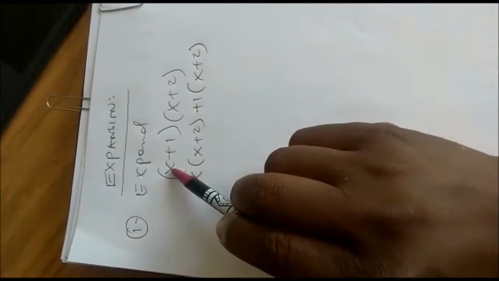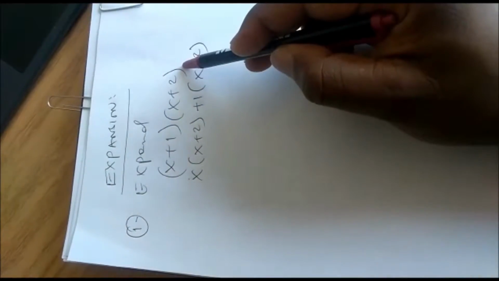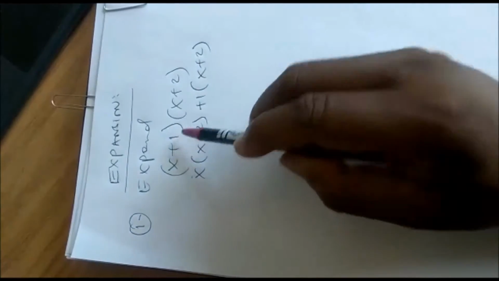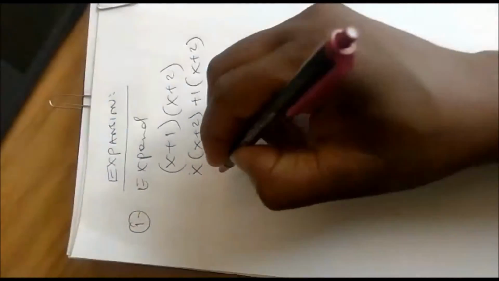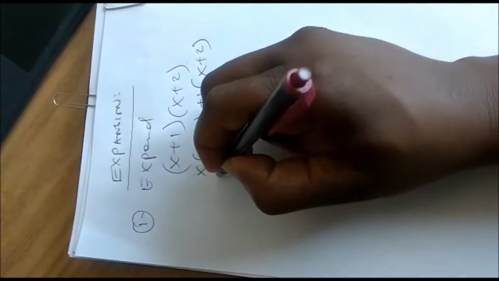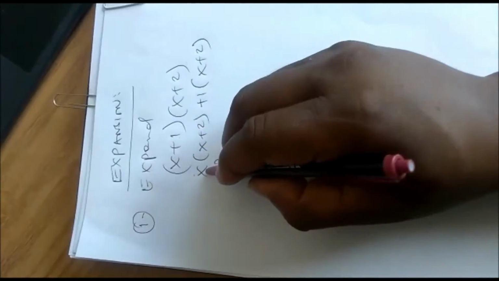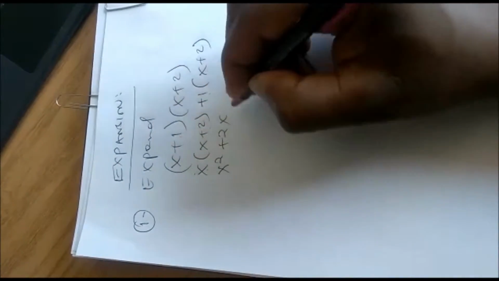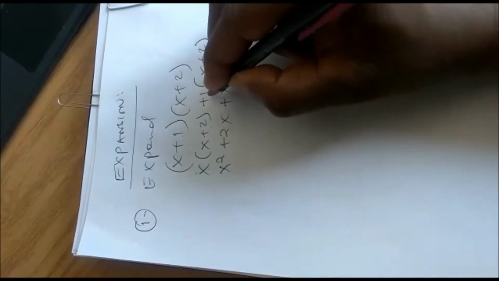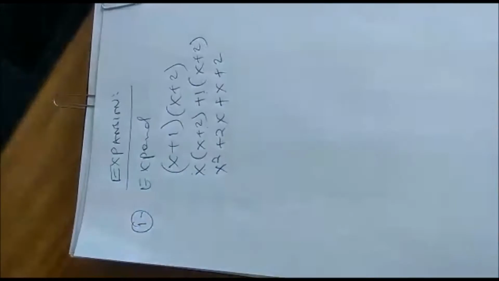You realize that this x has multiplied the second bracket. 1 has also multiplied the second bracket. And in this case, we get x squared. X times 2 is 2x. 1 times x is x, and 1 times 2 is 2.